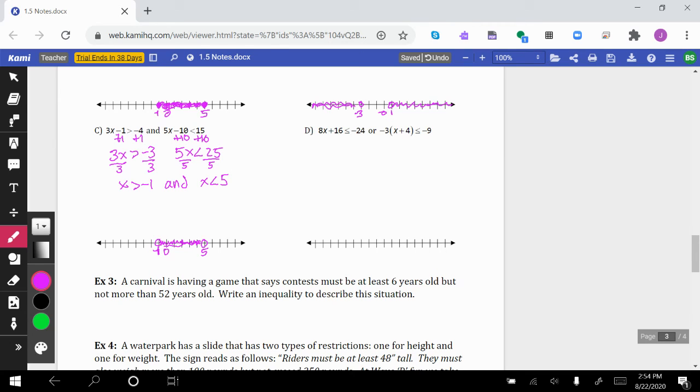So another way of saying that is the numbers in between negative 1 and 5 would work for both inequalities here. So if we take the number 2, for example, if we plug in 2, we would get 2 is greater than negative 1, and 2 is less than 5. Okay, so that's just another way of looking at it.